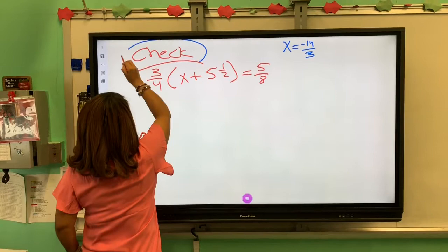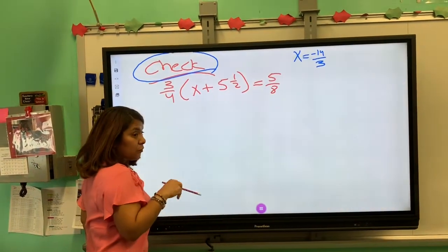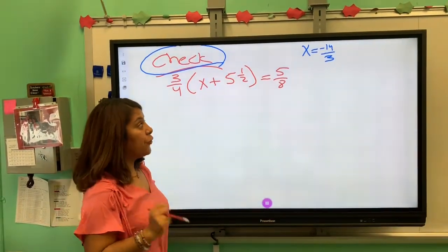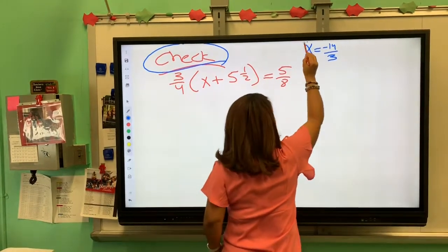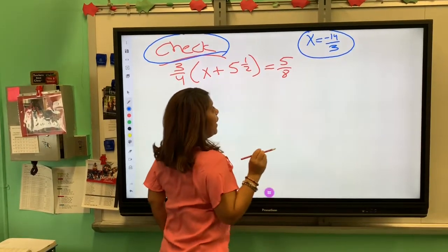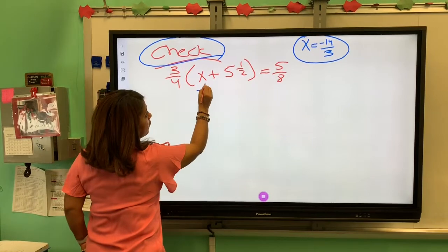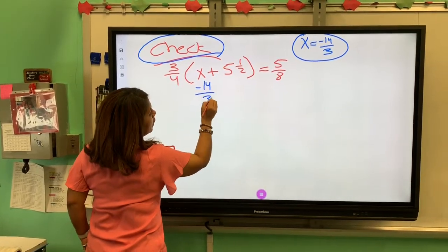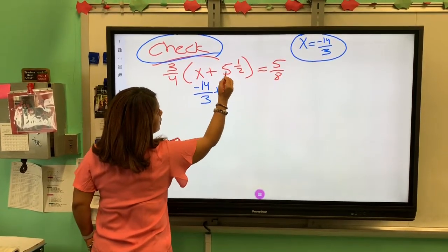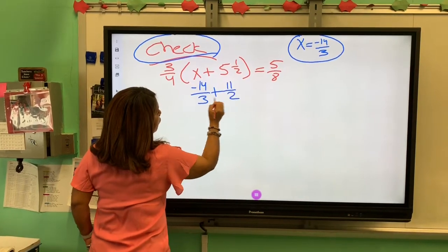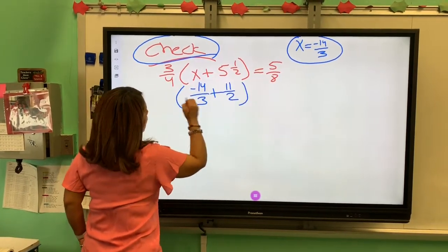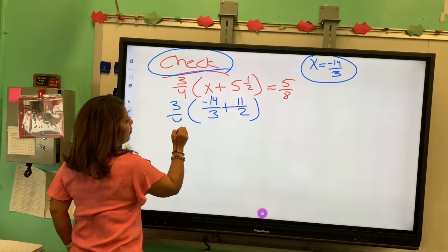Just keep in mind that when we do the checking, okay? What we're going to do is substitute what was our answer. This was our answer for x, which is equals to negative 14 over 3. And I have here plus, this is 11 over 2, all right? I bring this down, 3/4.